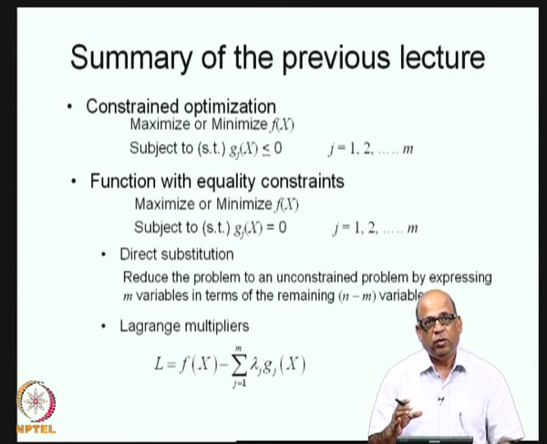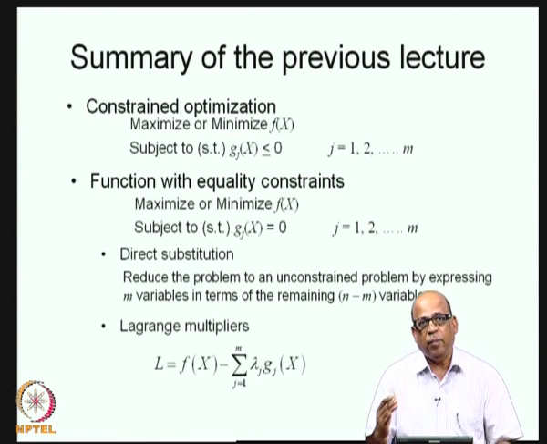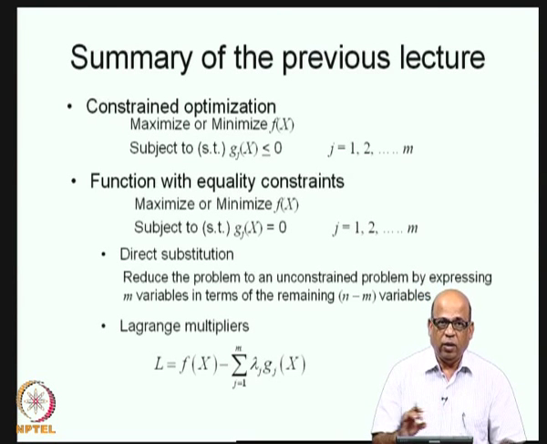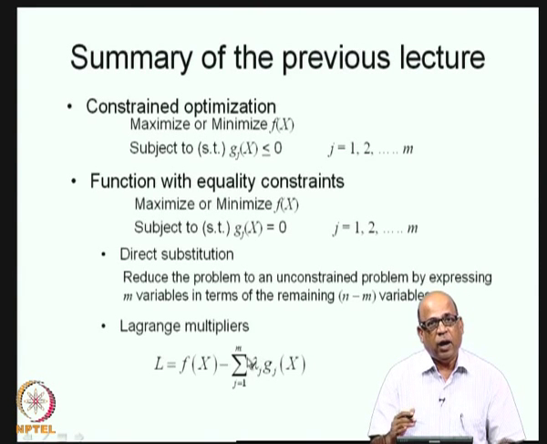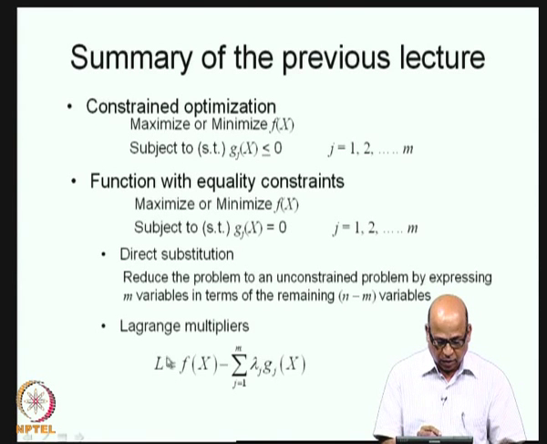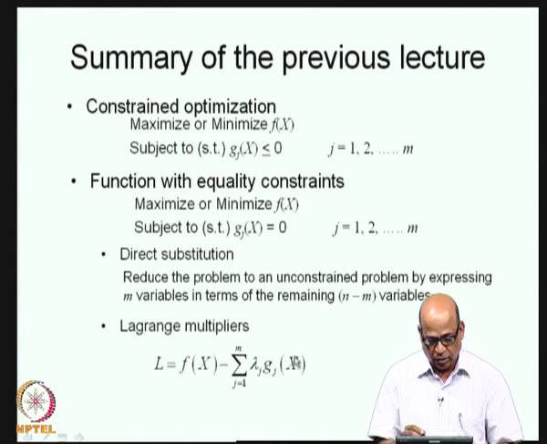Instead of the original n variables, you now have n plus m variables: the n original decision variables x 1, x 2, etcetera, x n, and the additional Lagrange multipliers lambda 1, lambda 2, etcetera, lambda m. And then we formulate the Lagrangian L equal to f of x minus summation j equal to 1 to m lambda j g j of x, where g j of x is the original constraint, the left hand side of the constraint.